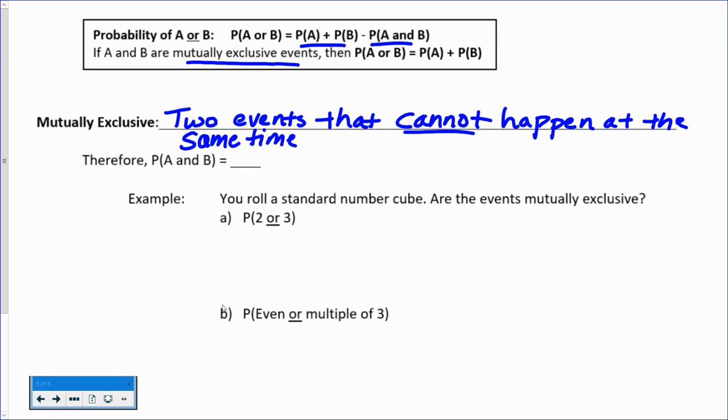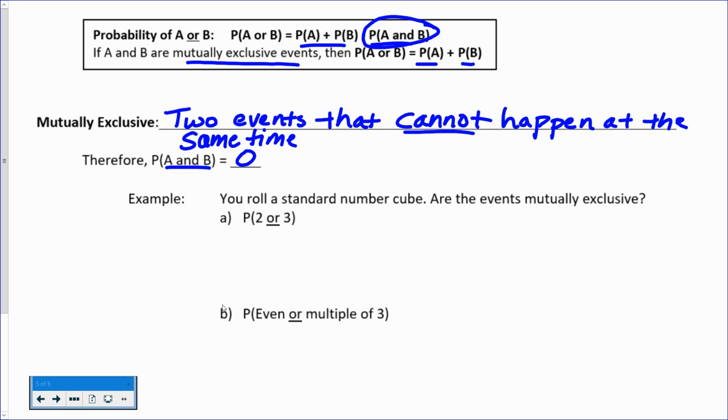If they can't happen at the same time, the probability of the two of them would be 0. So that's why, if they are mutually exclusive, all I have to do is add the separate probabilities together. I don't have to subtract that part because that would be 0 anyways. Okay, so let's take a look at a couple examples here.